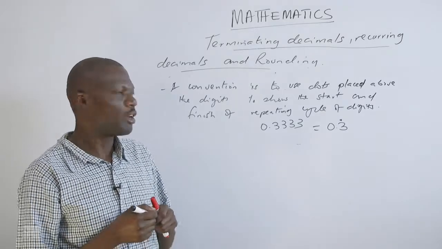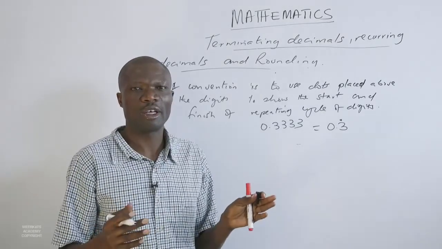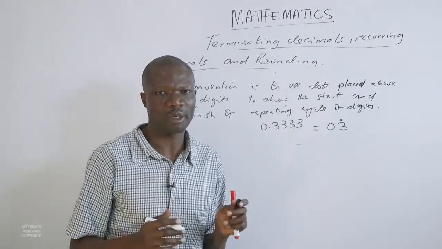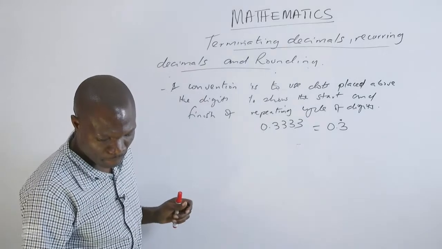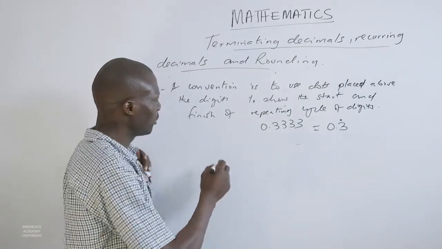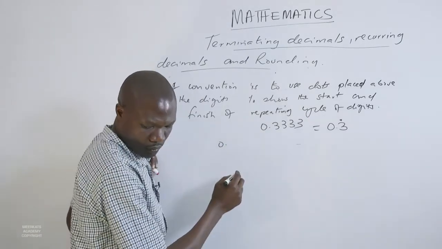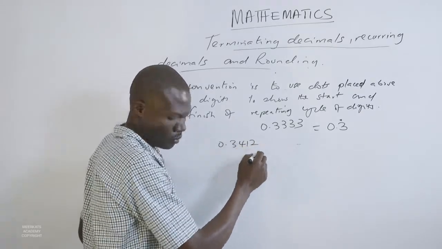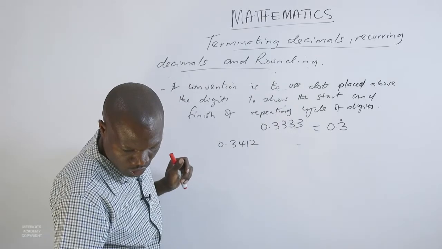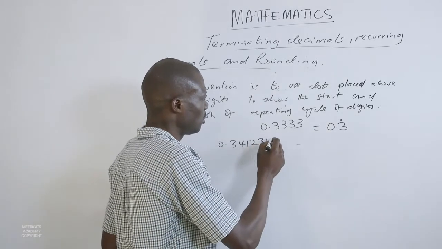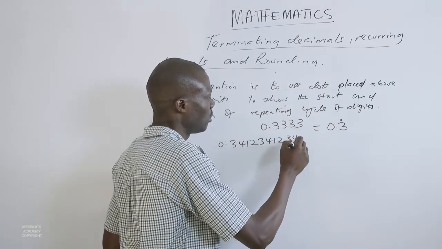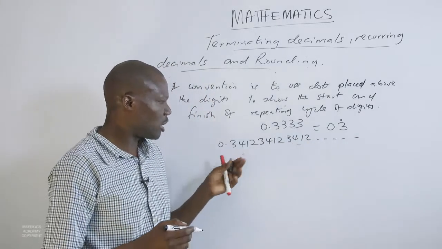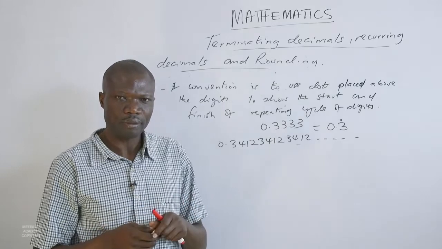If we have, for example, a pattern of about 3 digits that keeps on recurring in a certain pattern, class, look at this pattern.